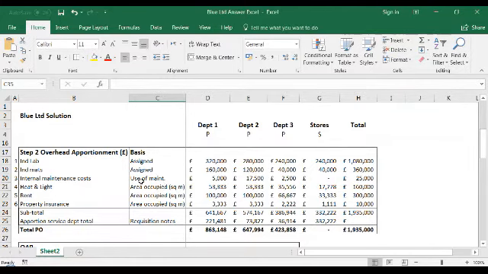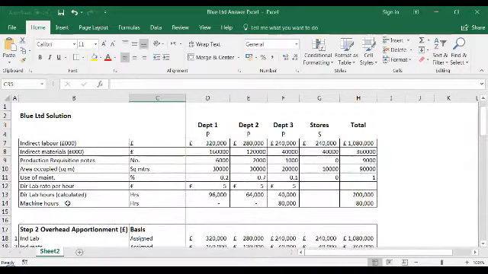It all depends on the use of maintenance, what percentage we have got. Use of maintenance is 20% by department 1, 70% by department 2, and 10% by department 3.